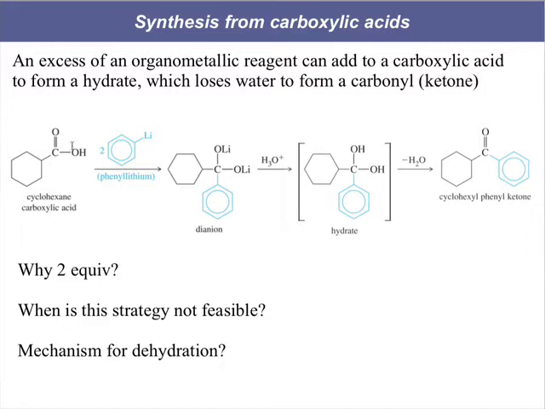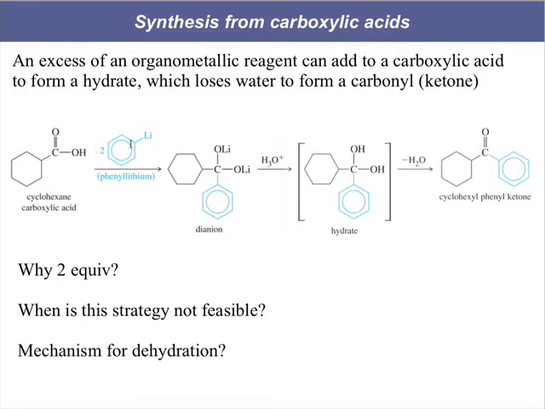That's because our carboxylic acid is a strong acid, which means that if we have a very basic reagent like phenyllithium, the phenyllithium is going to react with the carboxylic acid before doing any other type of nucleophilic addition. So 1 full equivalent of our phenyllithium is used up by deprotonating the oxygen.